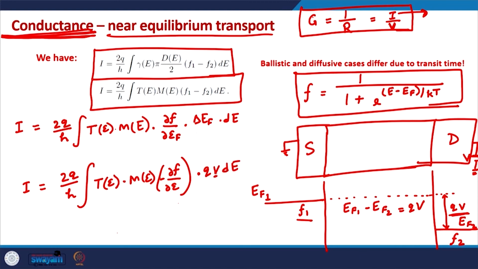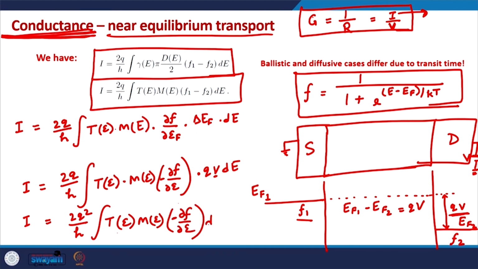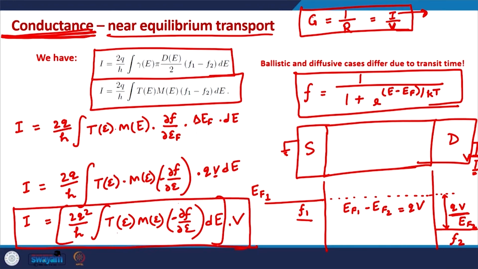So, we can take this V out. So, I becomes, this Q also comes out, 2q square divided by h integration of dE M(E) into minus del F by del E into dE times V. So, this is the direct relationship between the current and the voltage applied across the device.